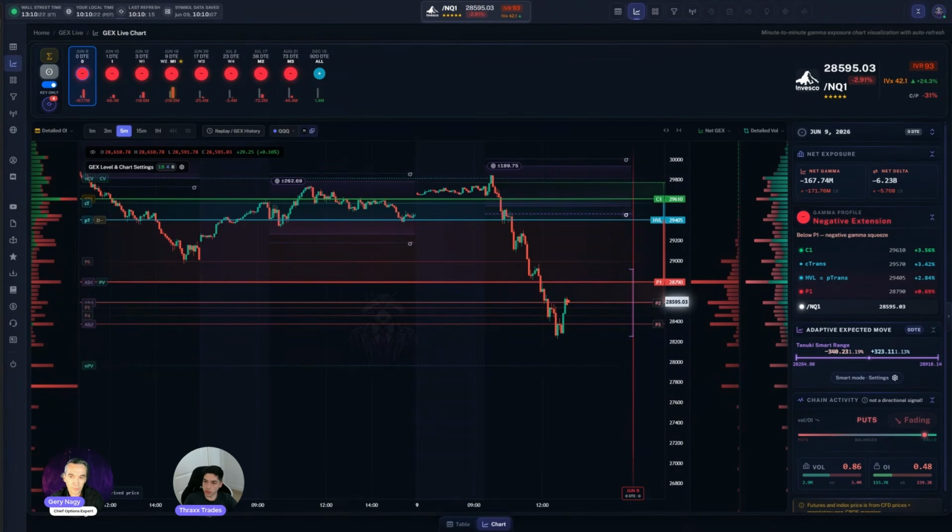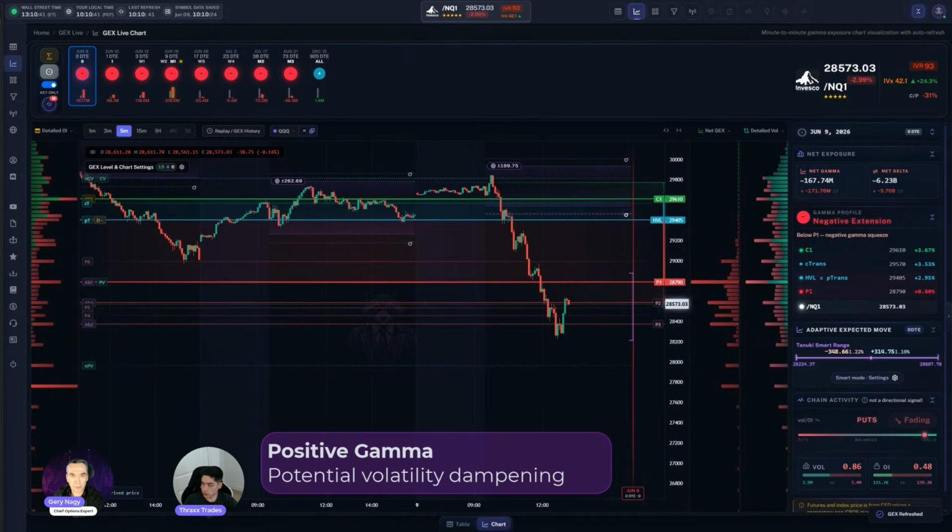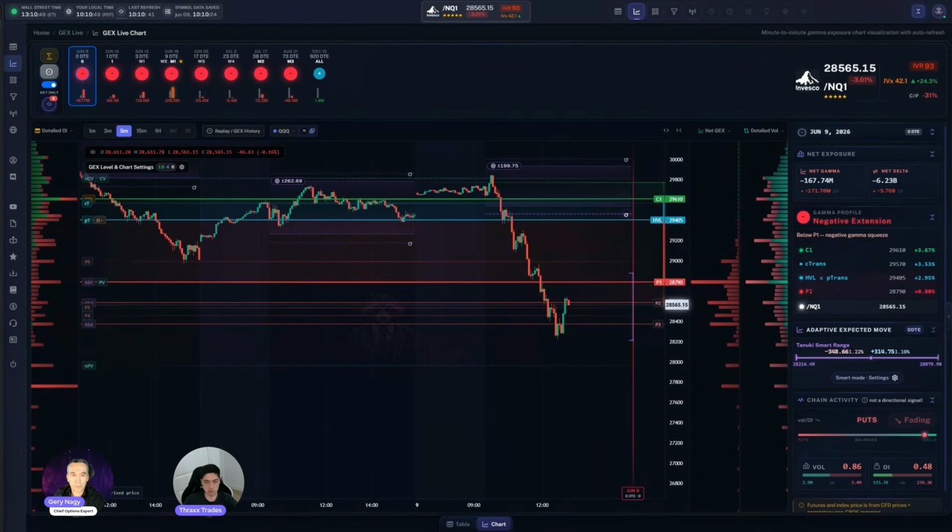Yeah. So gamma environments create baseline expectations for myself, and there are certain nuances that may change things, but the most basic way to understand it is, when we are in positive gamma environments, we may see dealer behavior that can cause volatility dampening, meaning there may be more rotational behavior, or compression, or slower grinds or movement, where we may have more mean reversion behavior.